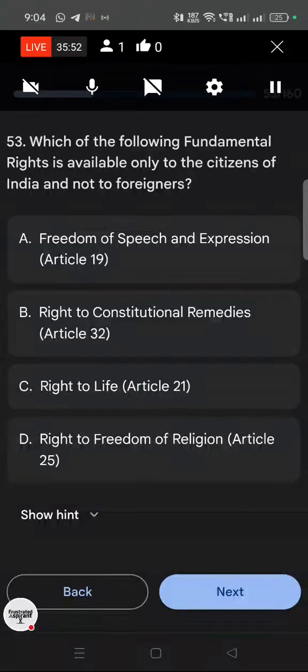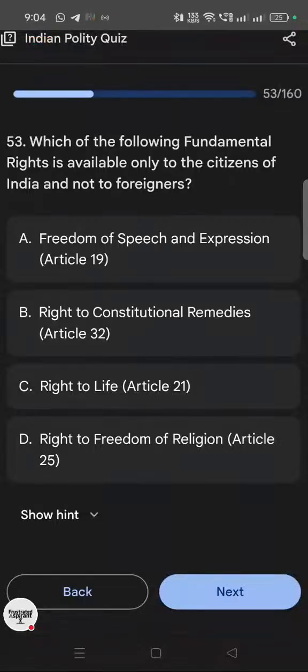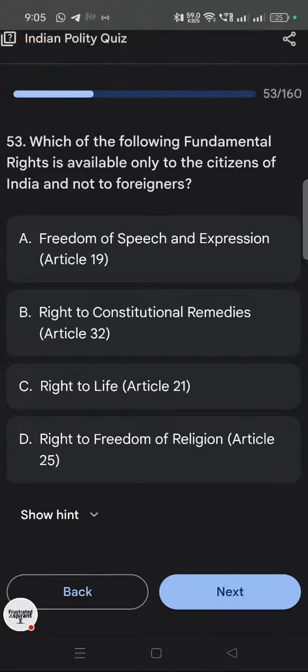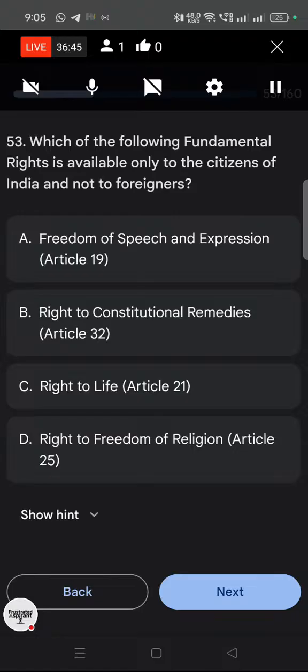The following fundamental right is available only to a citizen. Articles 15, 16, 18, 19, 29, 30 are only for citizens.